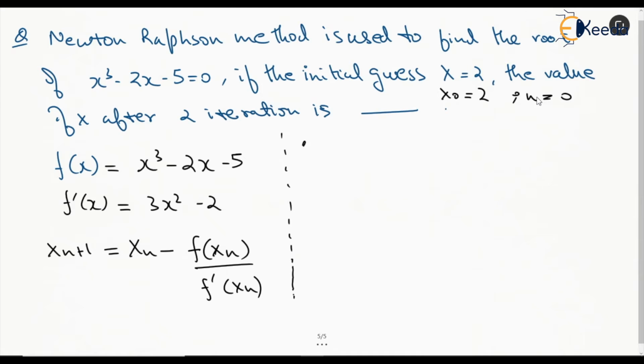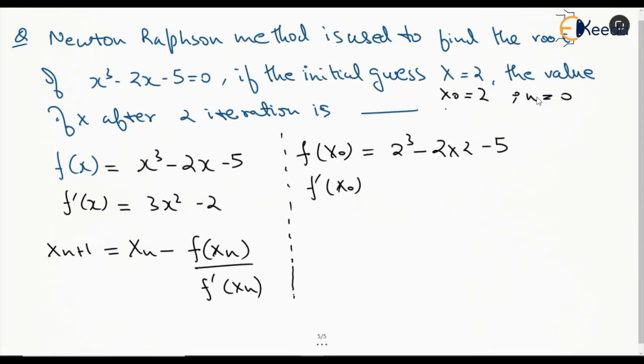So we can find what is f of x naught. We can also find what is f dash of x naught. This is f of 2, which is going to be 2 cube minus 2 into 2 minus 5.